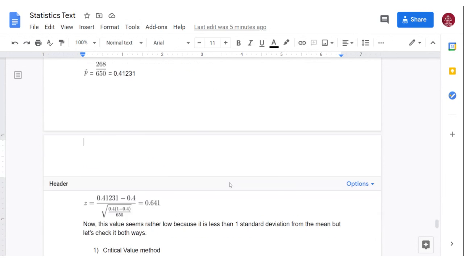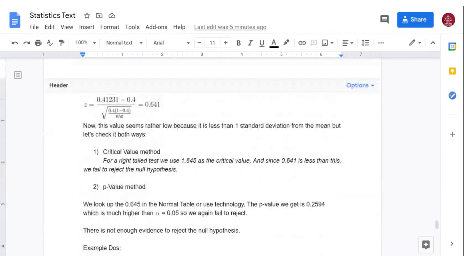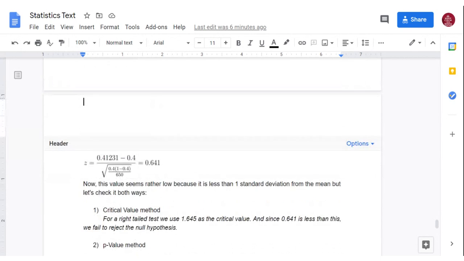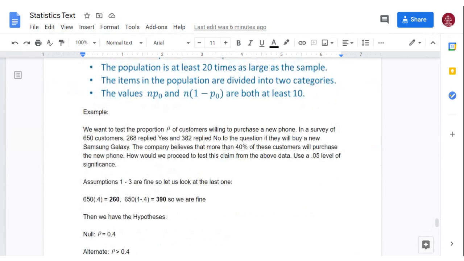All right, now that's a pretty low z-value, 0.641. And now remember, when you're dealing with proportion, it's always the z-values you're dealing with here. You don't have to worry about a t-table or anything like that. So, use a 0.05 level of significance.